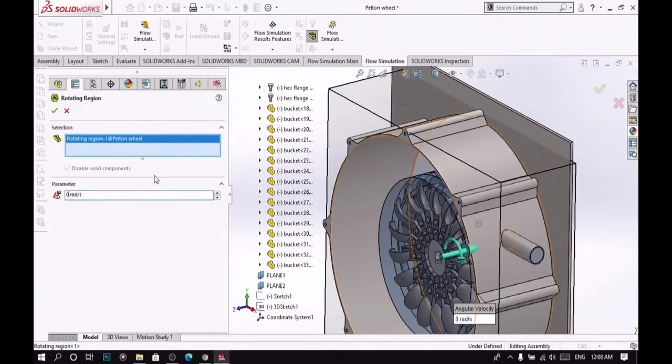In this case we are inputting negative 500. We are only putting negative here because of the flow direction. Then you just wait for it to finish loading.